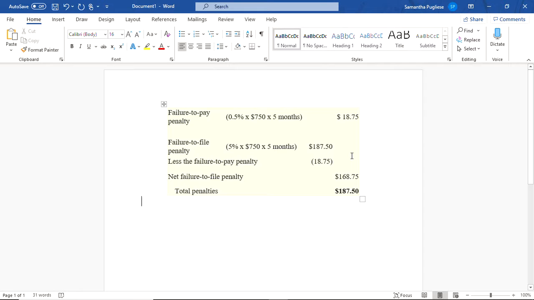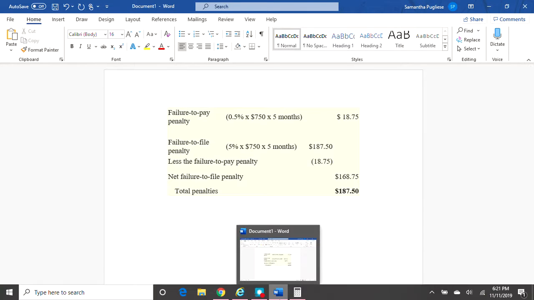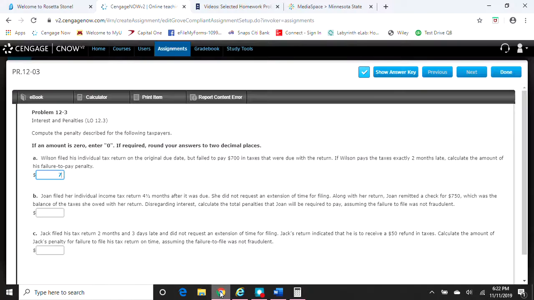They're saying, since you're having to pay 2 penalties, we're not double dinging you. So you end up really just paying the failure to file penalty, which is the bigger one. So total penalty is $187.50. And that's the answer. So again, it's pretty much the same problem as the one in the book.